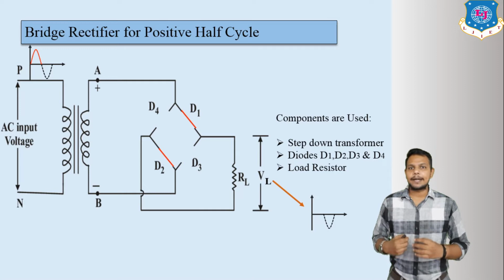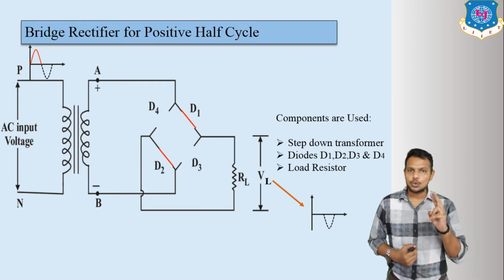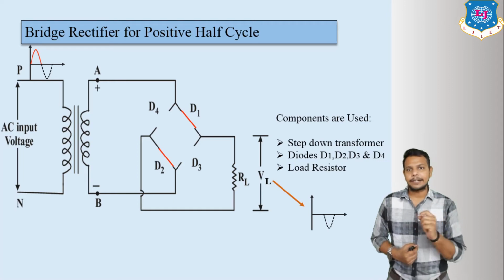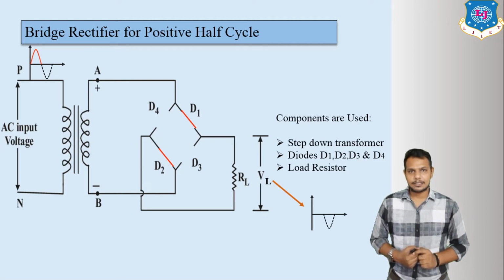If we enter the positive cycle here, at that time only two diodes are working in forward bias, because two diodes are in the direction of flow of current, whereas two diodes, D3 and D4, are in the opposite direction of flow of current. So they work in reverse bias.